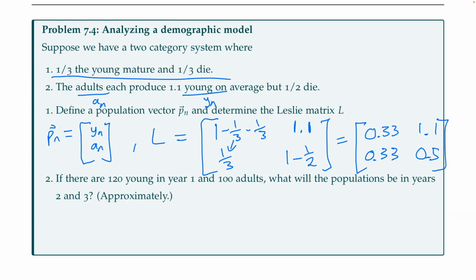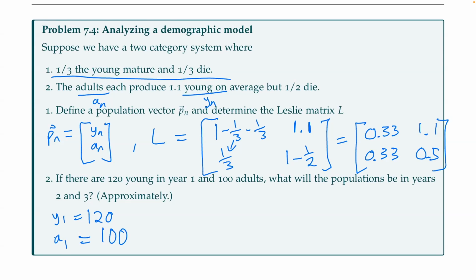Okay, so the second part I'll leave for you guys to do. If we're told an initial population, so in year 0, Y0, we've got 120 young, and our A0 is going to be 100 adults. How do we work out what's going on in years 2 and 3? Actually, these are called year 1, so rather than zeros, I'm going to put those as 1s. So Y1 and A1. You want to work out what's Y2 and A2, and what's Y3 and A3.